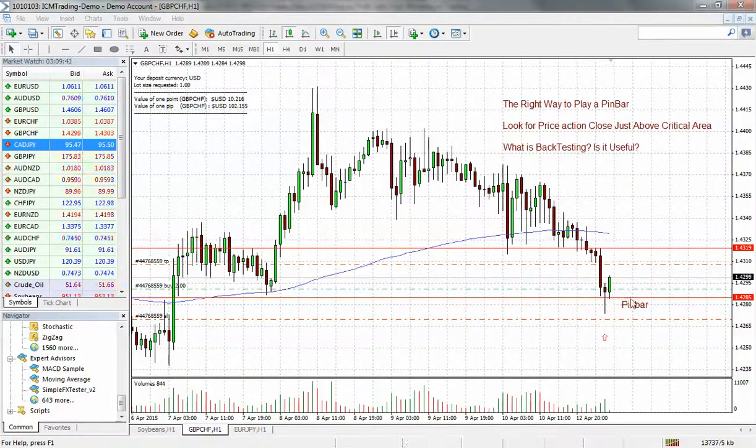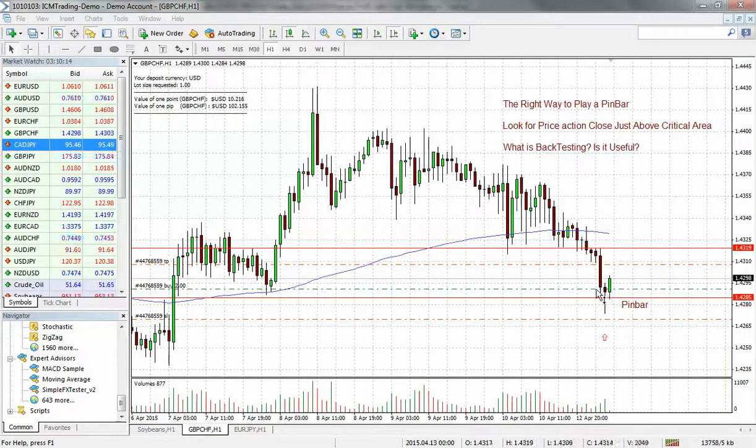Okay, so let's start with why this is the right way to play a pin bar. The reason why this is the best way to play a pin bar is because you want the pin bar to close just above or below, but in our case, we're buying, so we want price to go up. So we want the pin bar to close just above the critical area, okay?